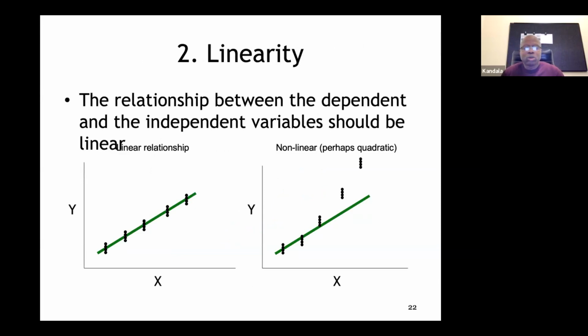We should observe that the relationship between X, the independent variable, and Y is linear. In this graph, obviously, it is linear, and this one here, if you observe it this way, you are able to determine that the relationship is not linear. In this case, it's quadratic.